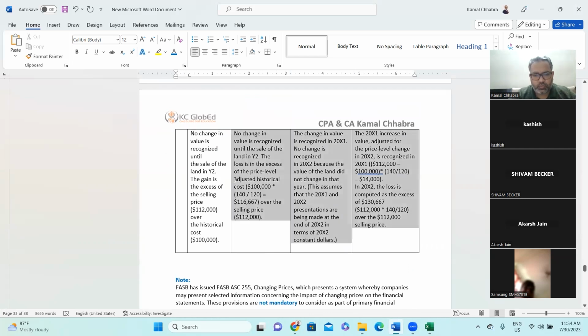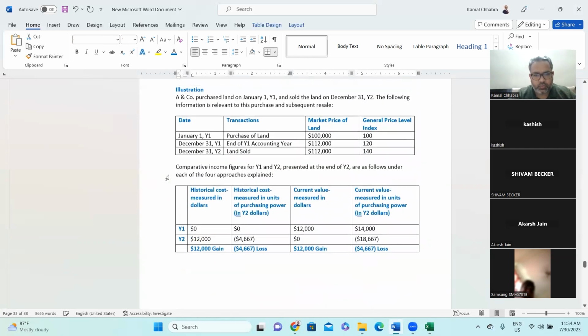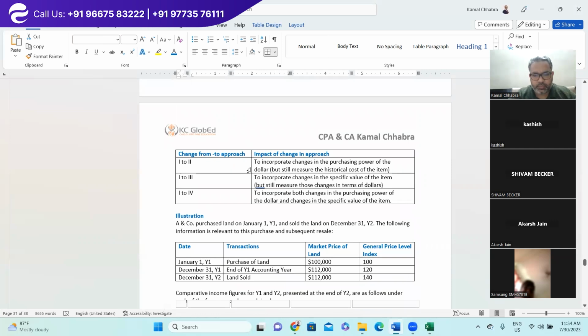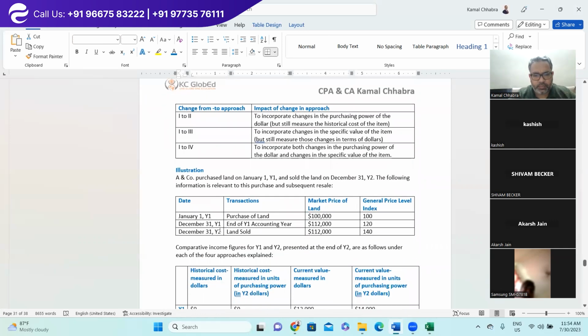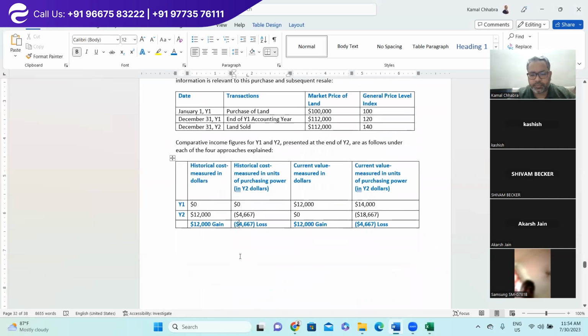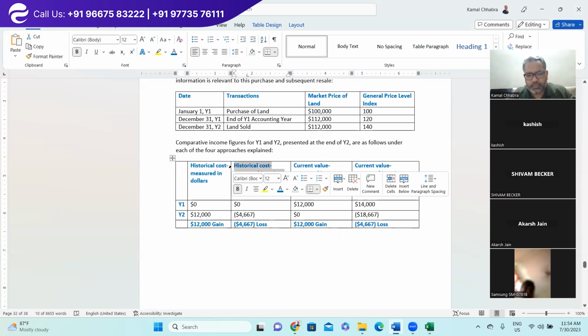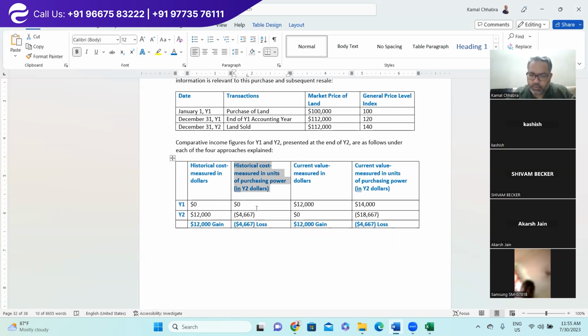सर लेकिन ये जो सेकंड टेबल है, ये अप्रोच कौन सी हुई अपनी? अप्रोच 2 हुई? अप्रोच 2 में तो सिर्फ जनरल प्राइस लेवल चेंजेस होते, तो 1,20,000 में आना चाहिए ना। Say that again. In year 2. सेकंड कॉलम में जो टर्मिनोलॉजी यूज हुई है ये थोड़ी सी कंफ्यूज करती है। पहला तो बिल्कुल ठीक है, हिस्टोरिकल कॉस्ट मेजर्ड इन डॉलर्स, मतलब आपका कोई चेंज नहीं आएगा एक्सेप्ट फॉर एक्चुअल सेल। सेकंड केस में हिस्टोरिकल कॉस्ट मेजर्ड इन यूनिट्स ऑफ परचेजिंग पावर। अब सर हिस्टोरिकल कॉस्ट को चेंज किया इन द यूनिट्स ऑफ परचेजिंग पावर इन ईयर टू डॉलर्स, तो ये अप्रोच 1 से अप्रोच 2 पे गए अपन, ये कहना चाह रहे हैं आप?